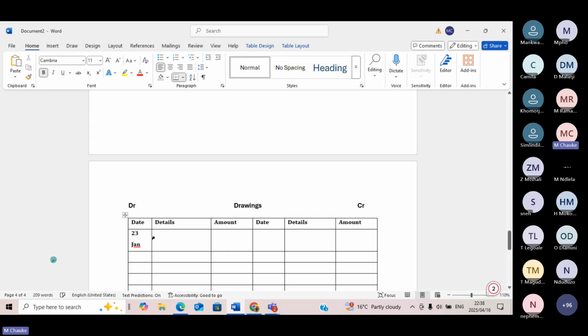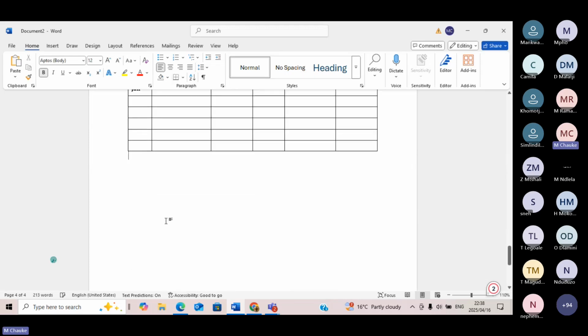You say bank, because the owner took money there, 2,400. So all these accounts have got a debit and a credit, and we have utilized the duality principle, or the double entry system, and then we are fine. Are you guys following right there?